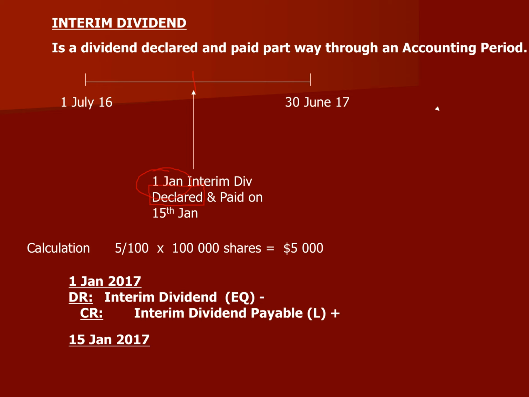The calculation, if it's 5 cents per share, is 5 over 100. Let's assume we've got 100,000 shares, so the amount of the dividend is $5,000. So we debit interim dividend and we credit interim dividend payable.